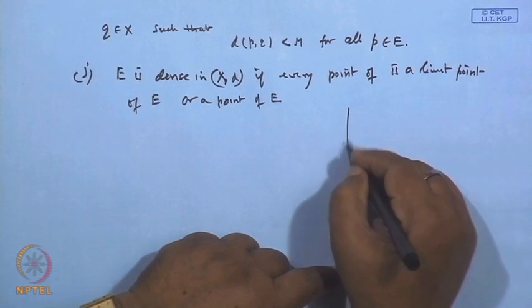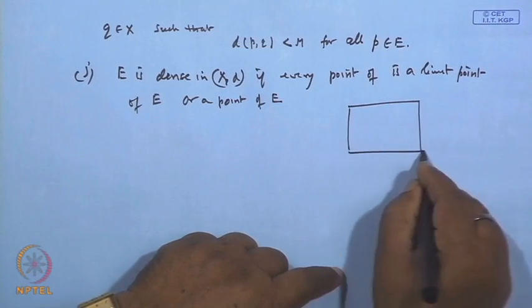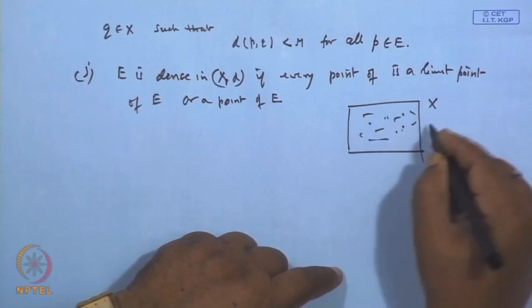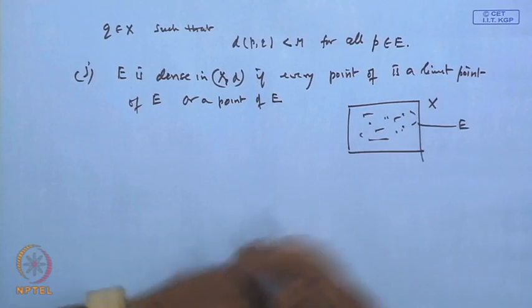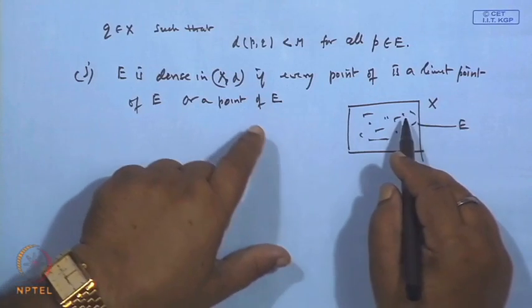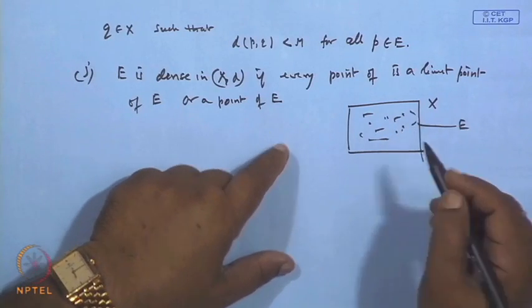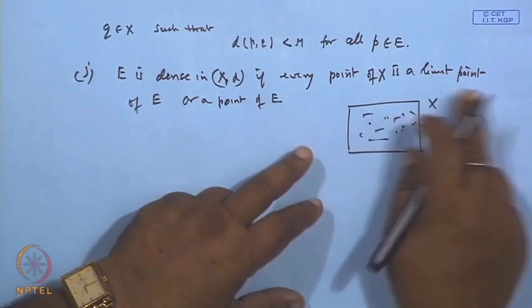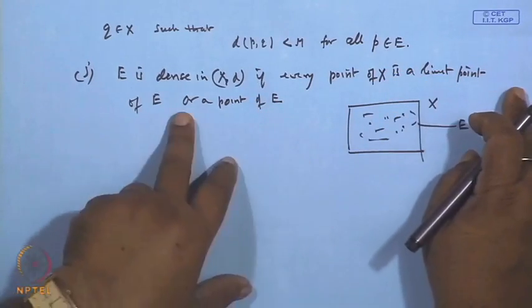When we say a set E is dense in X, it means every point of X is a limit point of E or a point of E.